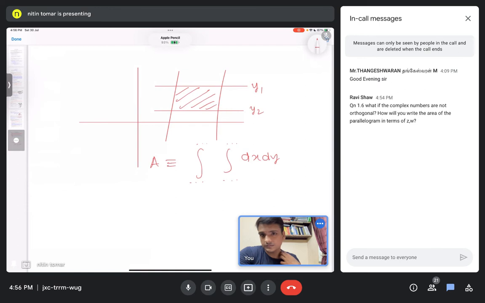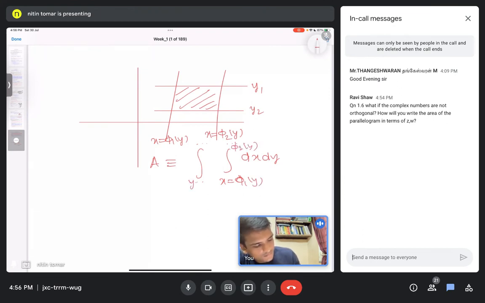Your x will run from phi 1 of y to phi 2 of y, some functions of y, and then your y will run from y1 to y2. So this way you can calculate the area even when they are not orthogonal.